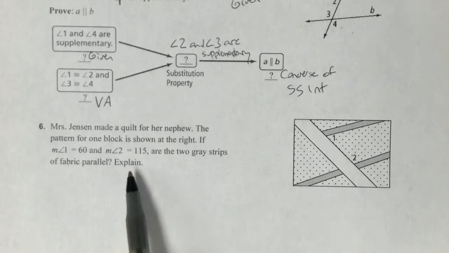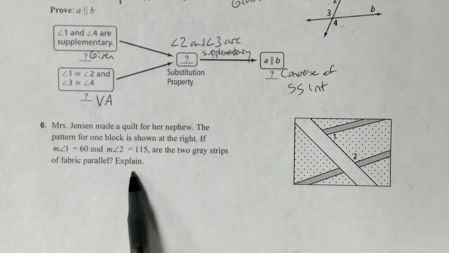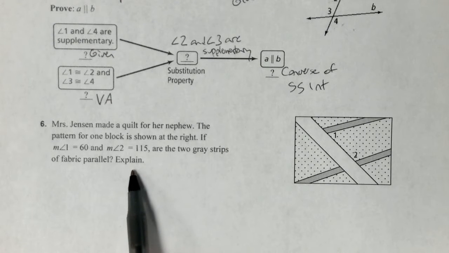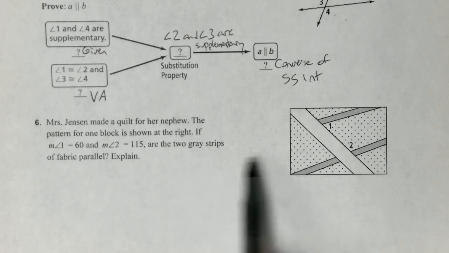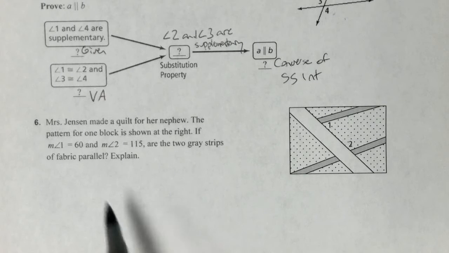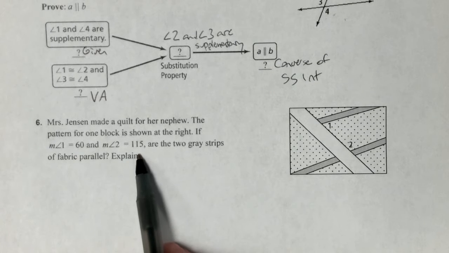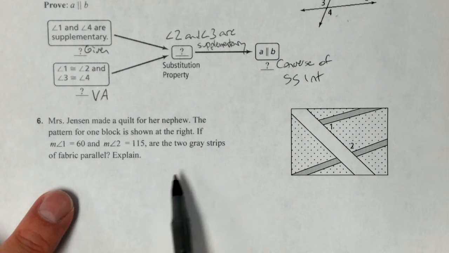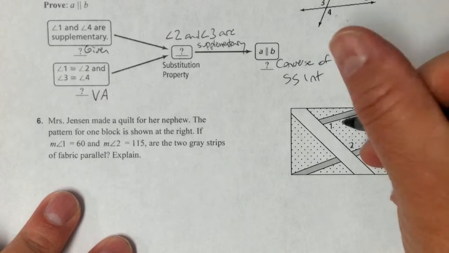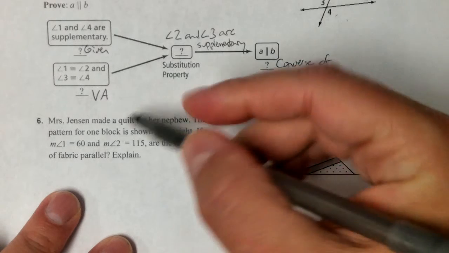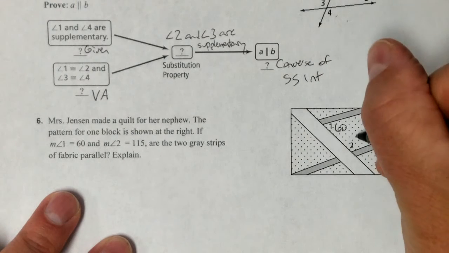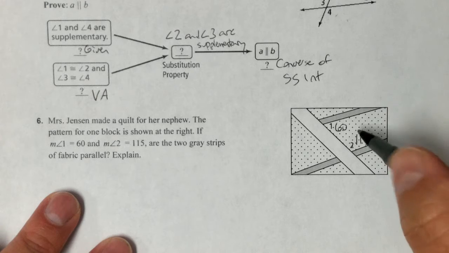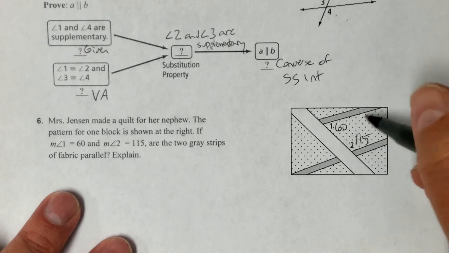Okay. Now here's a word problem. Mrs. Jensen made a quilt for her nephew. The pattern is here. If angle 1 is 60 and angle 2 is 115, are the two gray strips of fabric parallel? So the first thing I do is I put the 60 next to there, and I put the 115 next to here. What type angles are these?